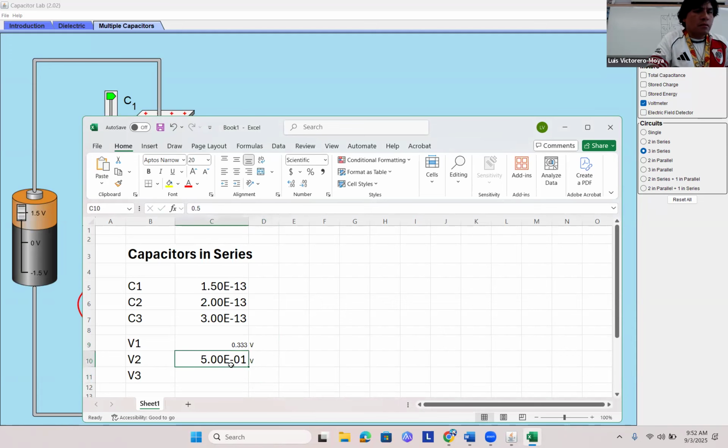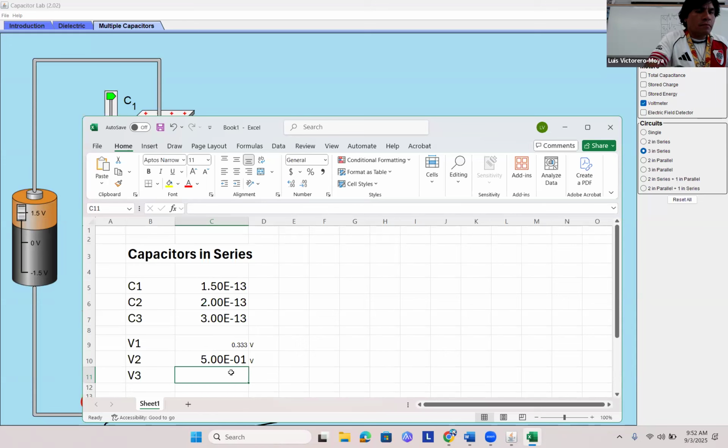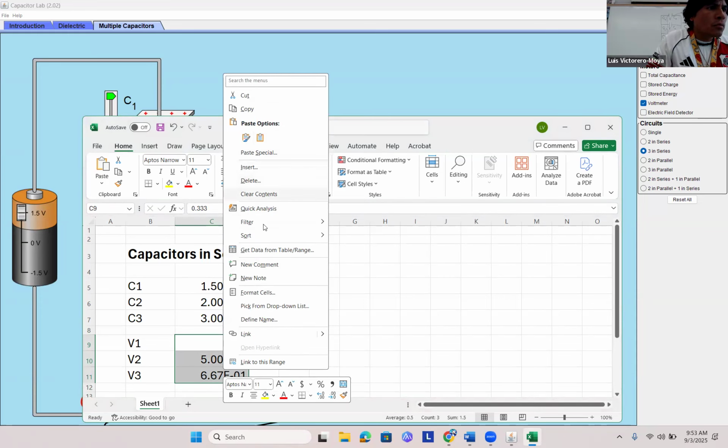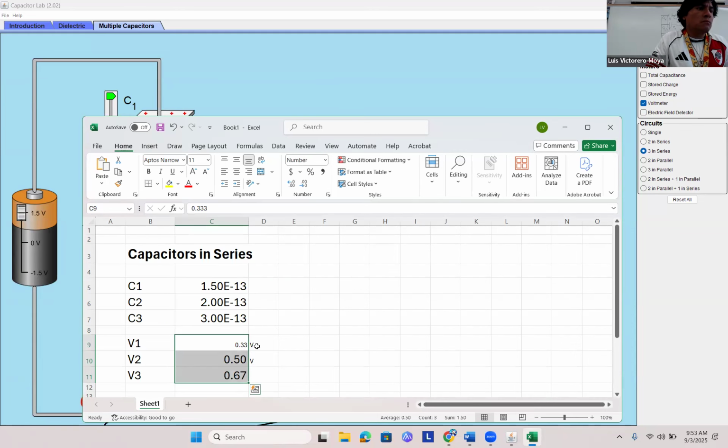Volts. We can fix that. It's because it's coming from here. And then 0.667. So we can just highlight this, go to format cells, go to number. Okay, you can fix it with the formatting of cells. Let's make it 20 as well, so you guys can see it. So there you are, right? These are your values of voltage.